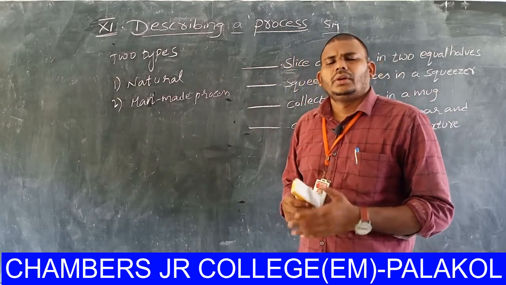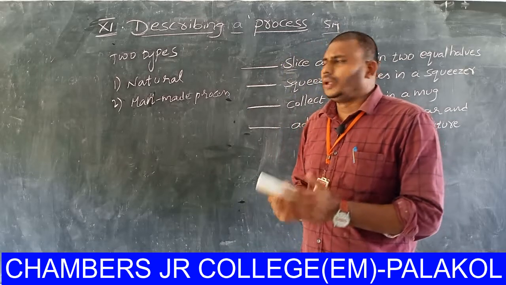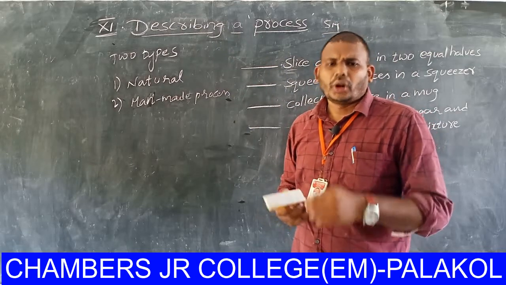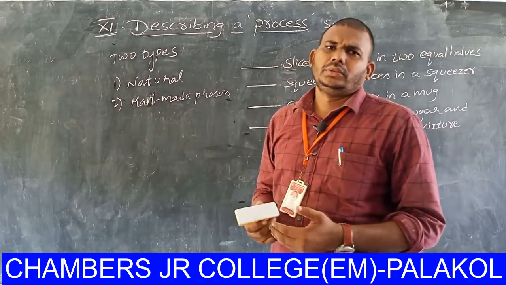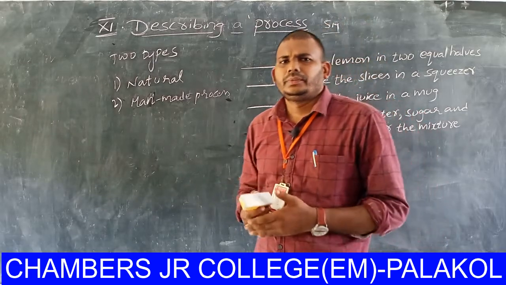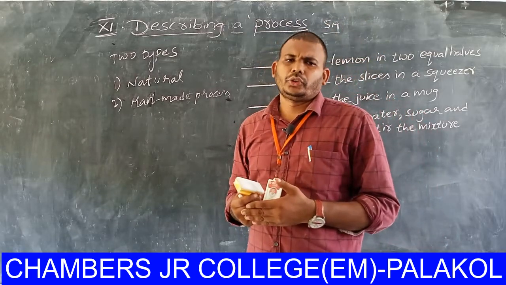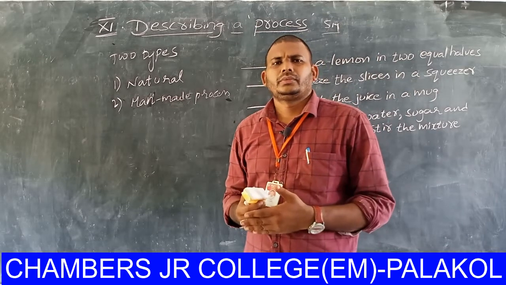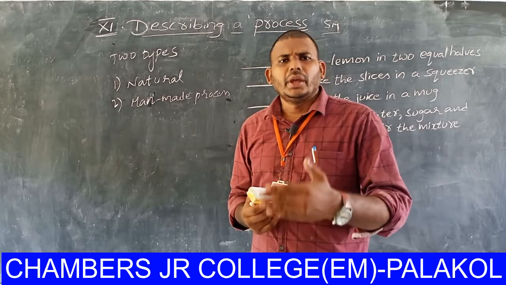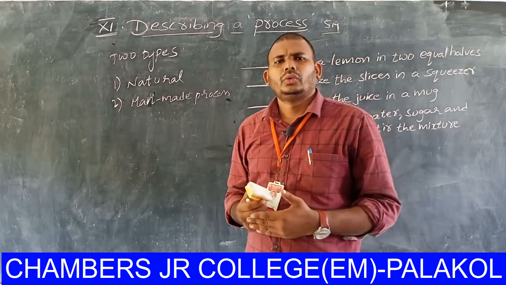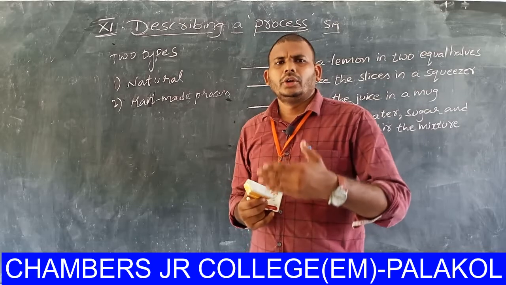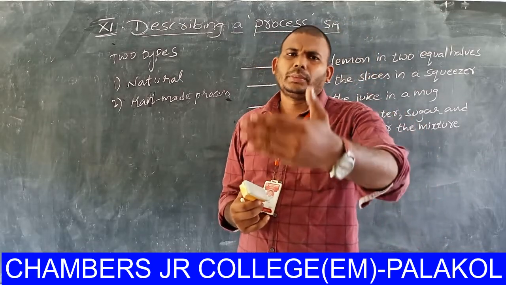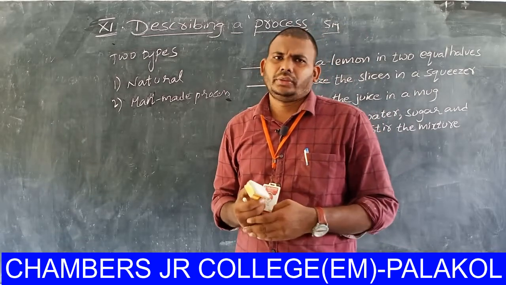After that, why do we write a description of a process? What do we do actually here? The description of a process, or process writing, is used in order to make people know about some task in a clear way.